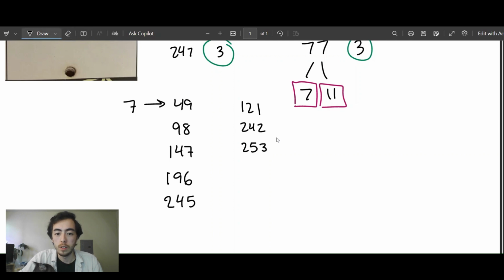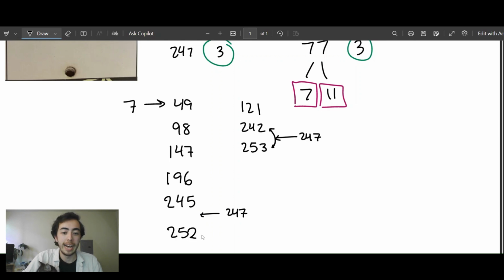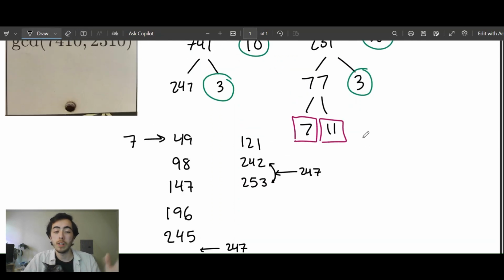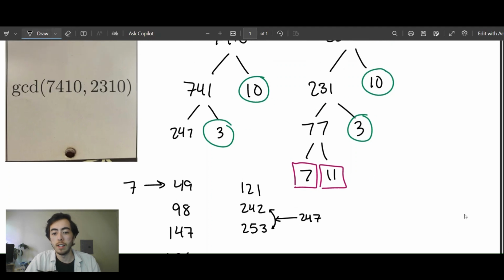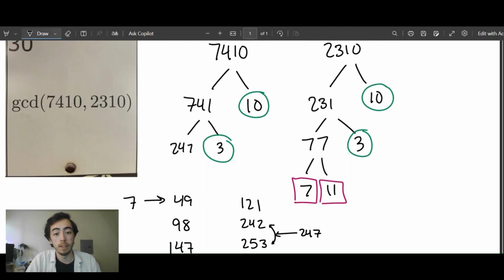Since 247 is in between these two numbers, I know that 7 doesn't go into 247 evenly, nor does 11. So I actually don't know if 247 is prime or not. I'm not sure if I could keep breaking it down and finding more factors, but I did at least show that 7 won't go in there evenly, nor 11.